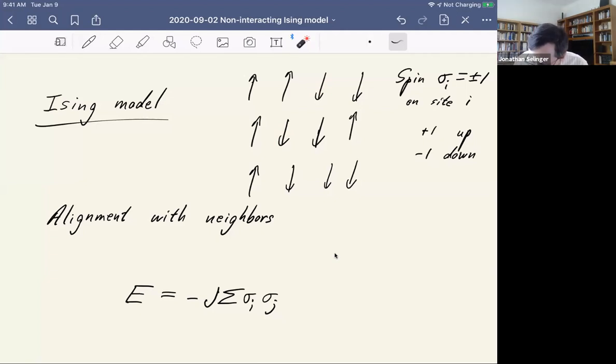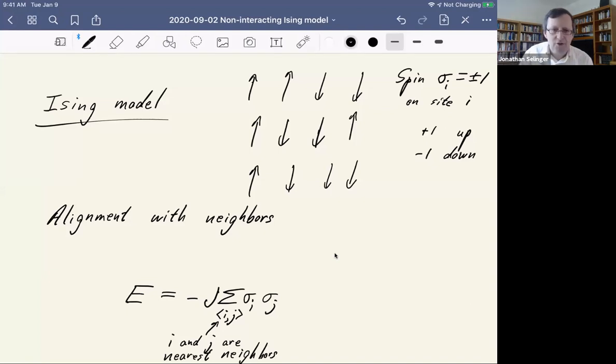That's written mathematically by saying that we have a sum over sites i and j in angle brackets. That's just a notation which means that i and j are nearest neighbors. Can you see that? Yes, of course you can, because you see the same thing I see. Okay, good. So that's one important term in the energy.